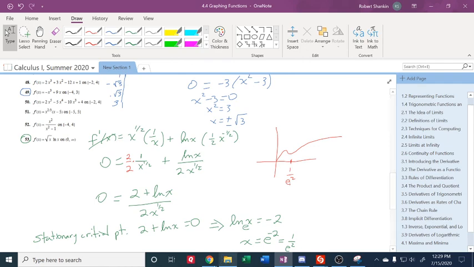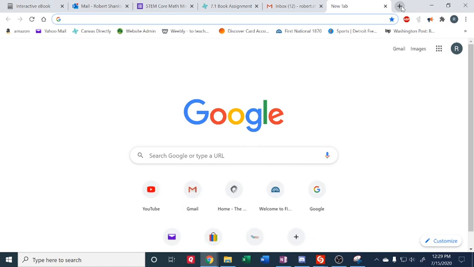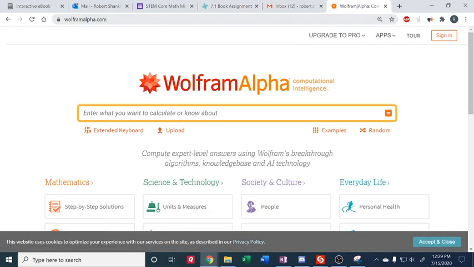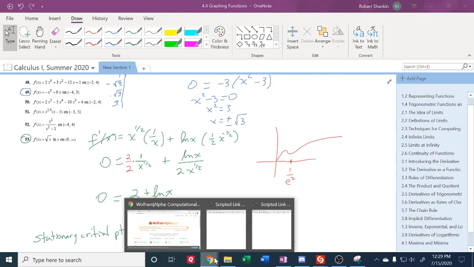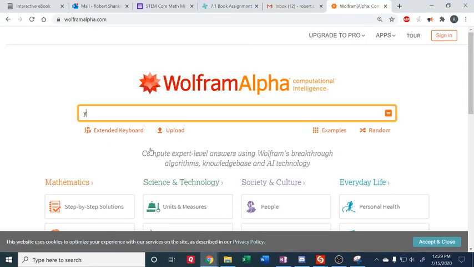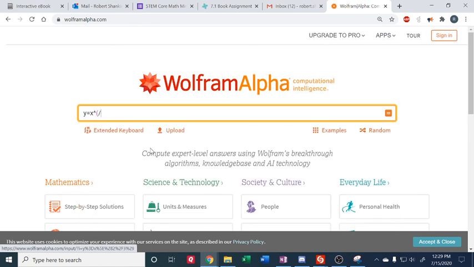And I could confirm that by going to Wolfram Alpha. And let's look at my function again. Square root of x ln x. x raised to the 0.5, that's the square root of x, times ln of x.